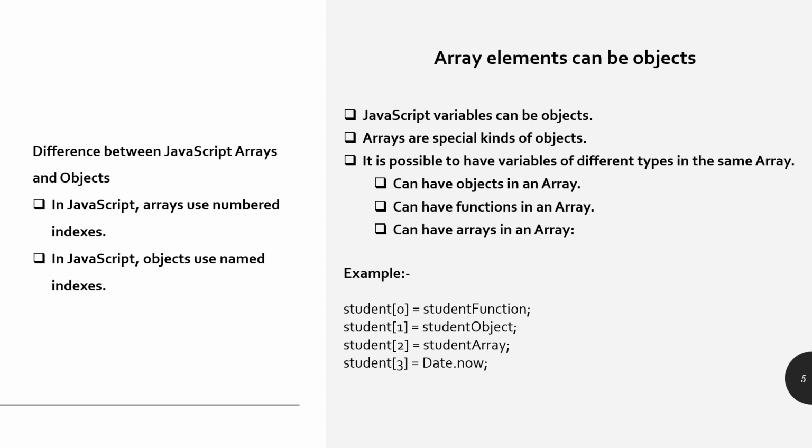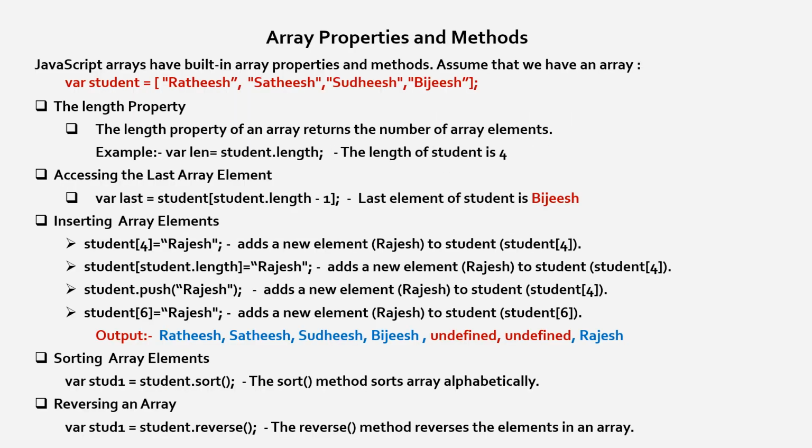Now let's discuss. In this session we are going to discuss array properties and methods. To understand the concept, let us consider one reference array, on which I am executing the different properties. Assume that the student array has 4 elements.